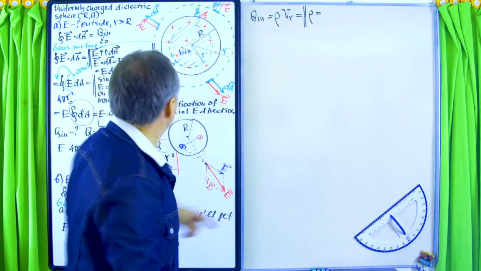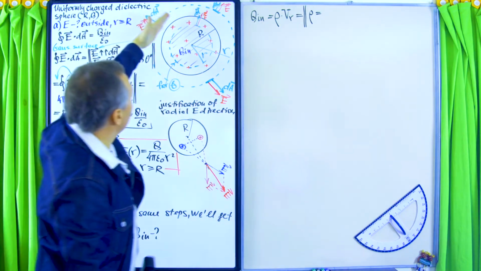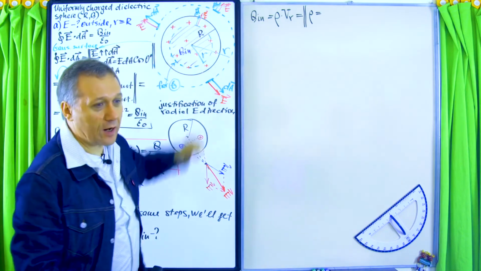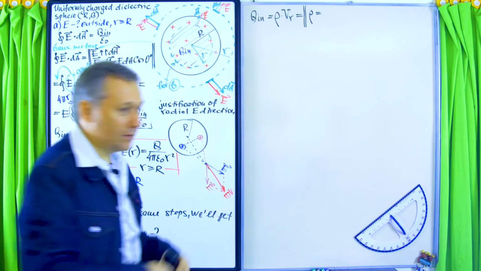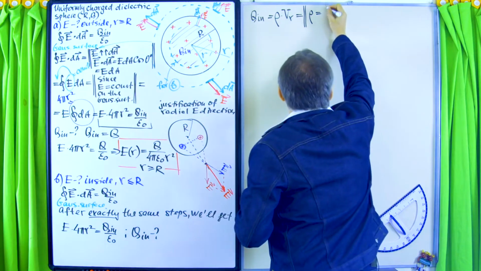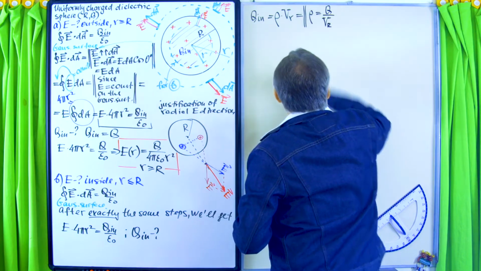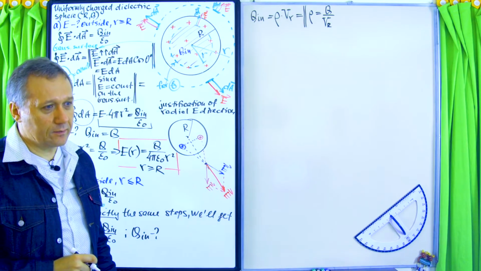So in our case, we know the total charge Q is uniformly distributed over the whole sphere of radius r capital. That was given from the very beginning. So rho is Q divided by the volume of the sphere with radius r capital.